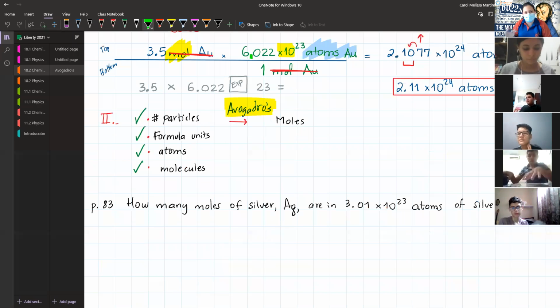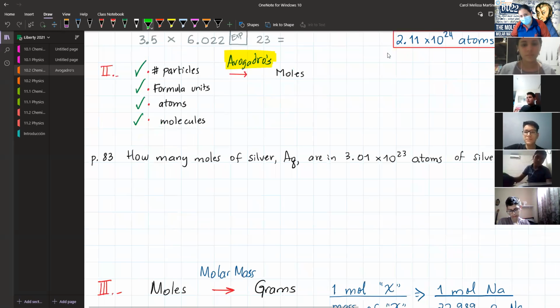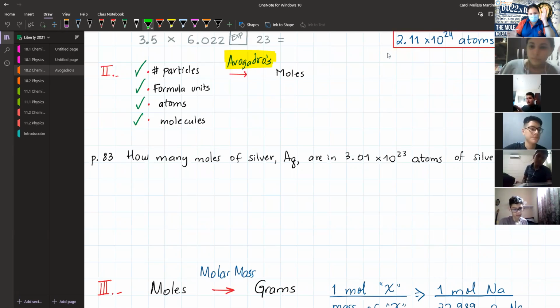So again, even though the question is a little bit different, you can get the unknown and the given. So what is the problem asking you to find in this second example? It says, how many moles of silver?